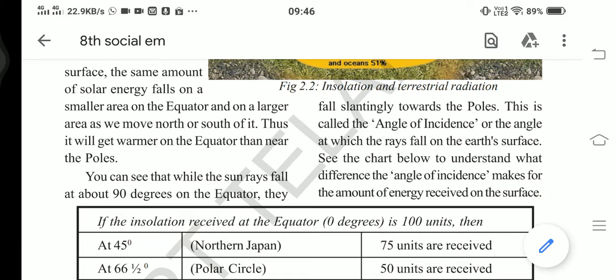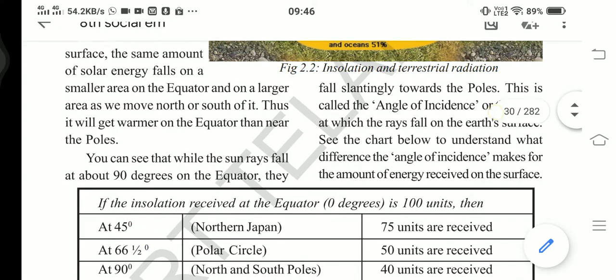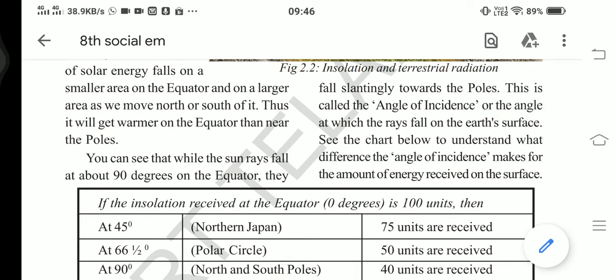That is what we call, in other words, angle of incidence. When the sun rays fall slantly at the poles, this is called angle of incidence. The angle at which the rays fall on Earth's surface is called the angle of incidence.